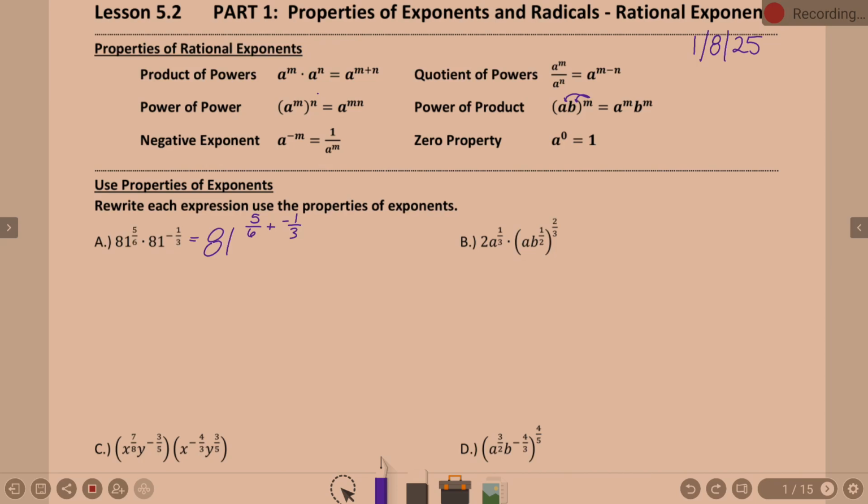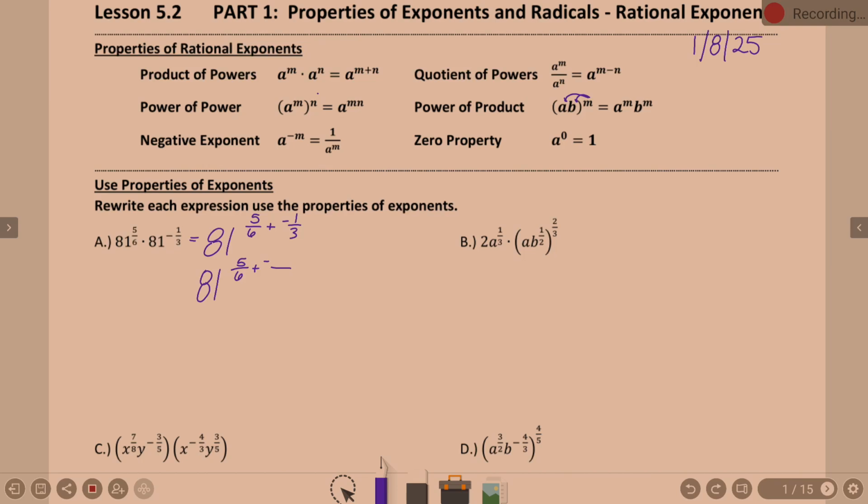How do I add 5/6 and negative 1/3? I need a common denominator. I'm not disagreeing, but negative 1/3 is negative 2/6. Are you guys with me?